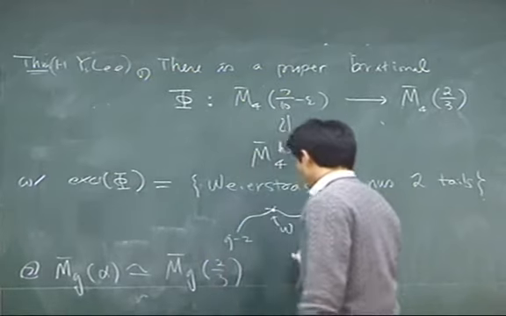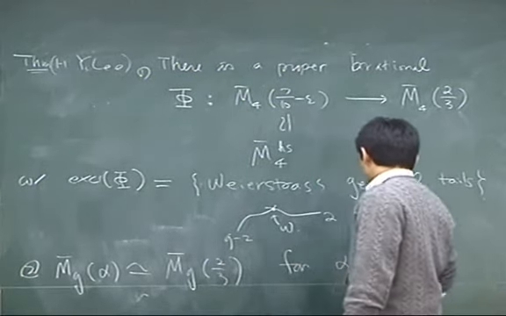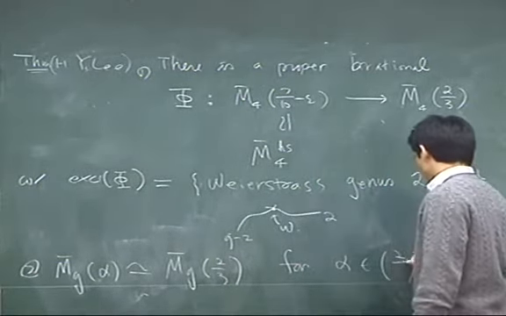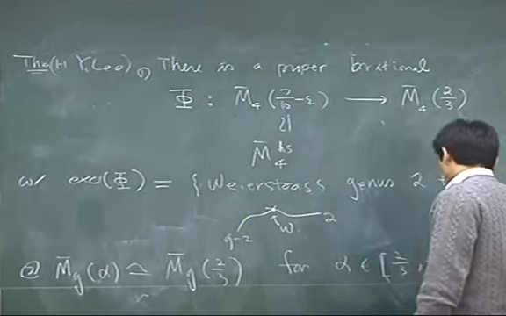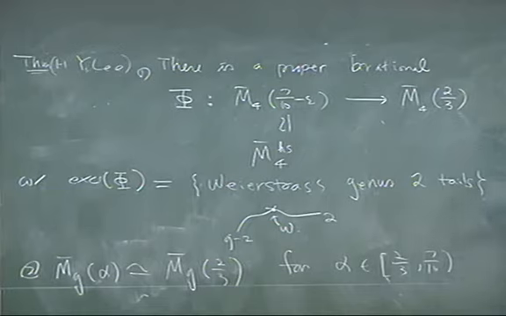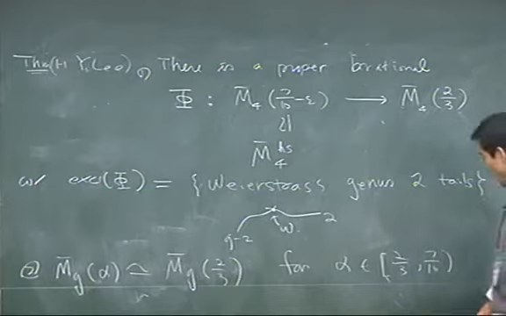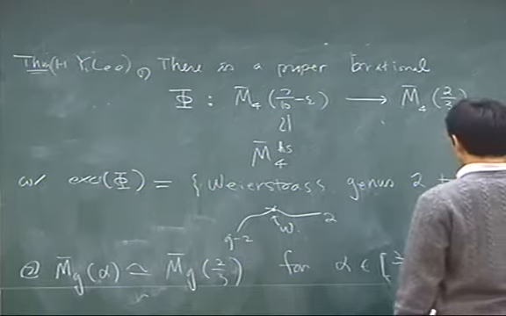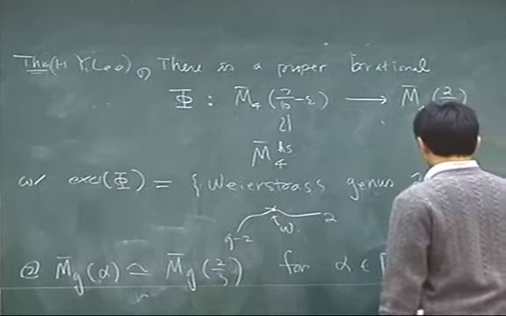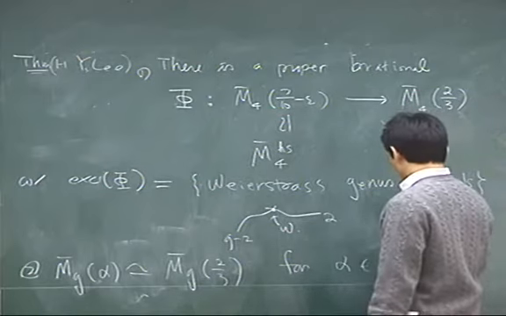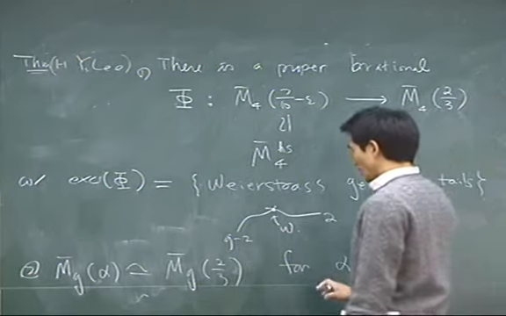And we also show that it is isomorphic to M4 bar 2/3 for alpha between 2/3 and 7/10. So 2/3 is actually the right next critical value. Is that strange? Why?